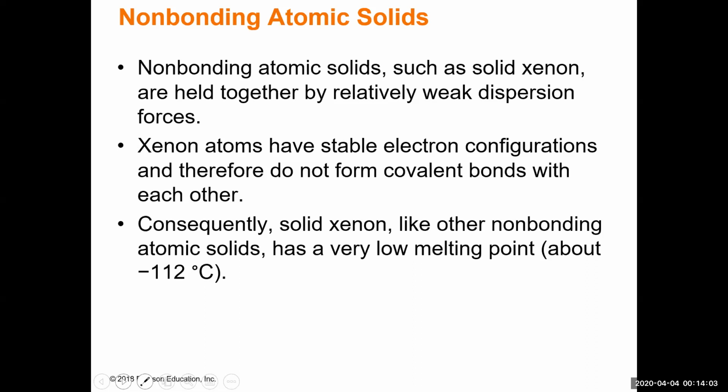So solid xenon, like other non-bonding atomic solids, has a very low melting point because of the relatively weak dispersion forces. Solid xenon's melting point is about negative 112 degrees Celsius.